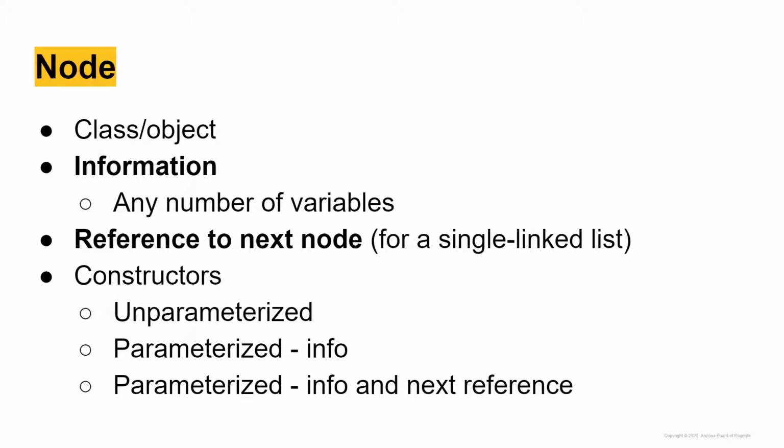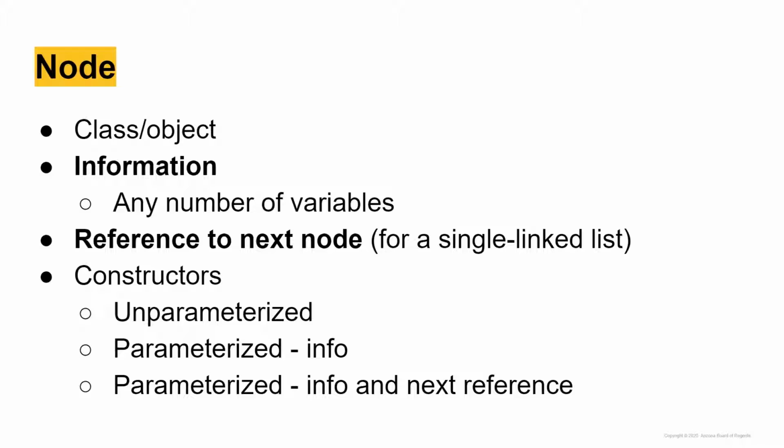Okay, so those are the two main parts of a node. And now we need to talk about how to actually construct the node. As with any class in Java, we need to have constructors for that class to tell the compiler how to make an object of that class. You can pick and choose what you want to use; there aren't any super hard and fast rules.